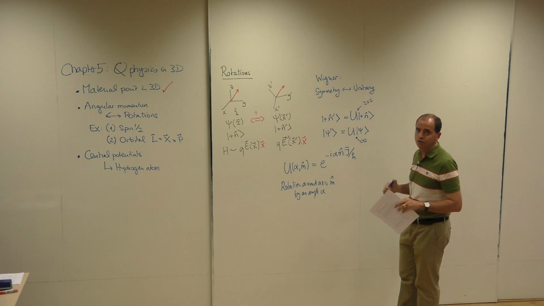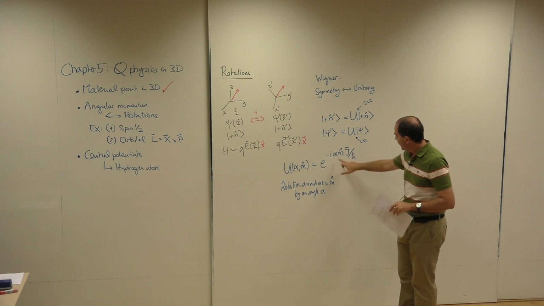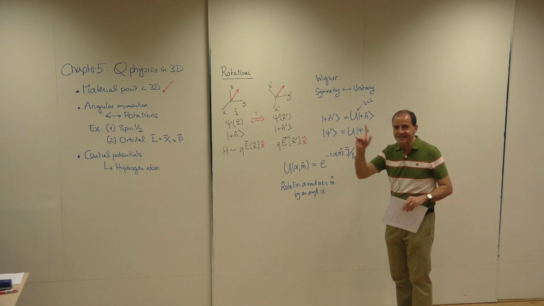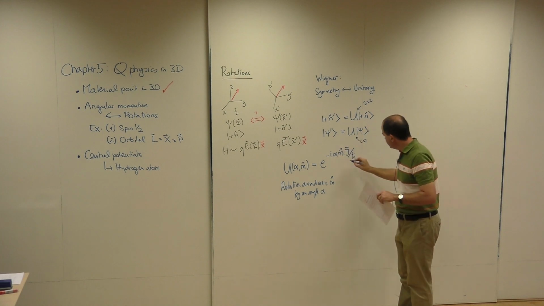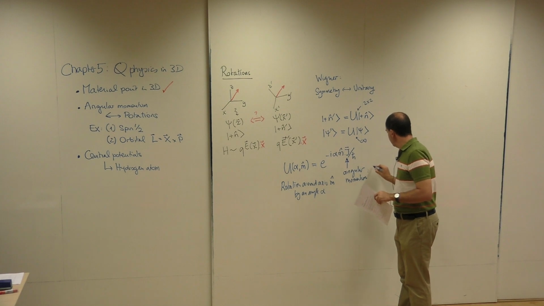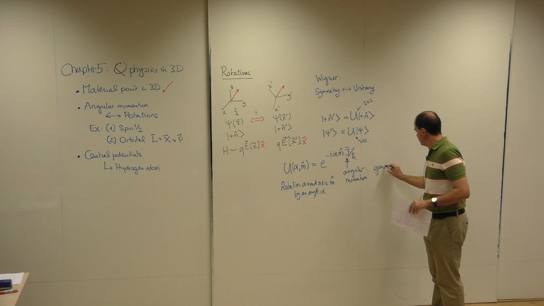So let me describe to you the objects of this construction. Alpha, we know, is the angle. m, we know, is the axis around which we rotate. What is J? J is angular momentum. Something that appears there is called the generator of the symmetry, in this case of rotations.